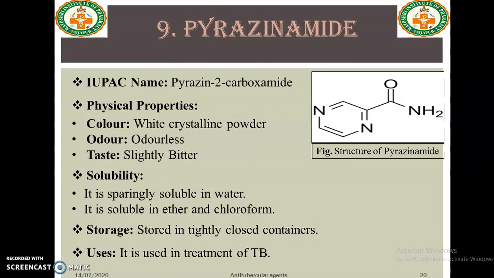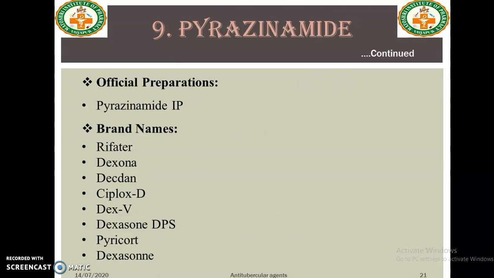Next example is pyrazinamide. Pyrazinamide is known by its IUPAC name pyrazine-2-carboxamide. It is a white crystalline powder, odorless and has a slight bitter taste. It is sparingly soluble in water and soluble in ether and chloroform. It is stored in tightly closed containers and used in the treatment of TB.